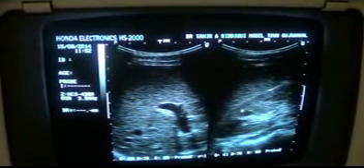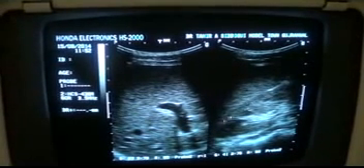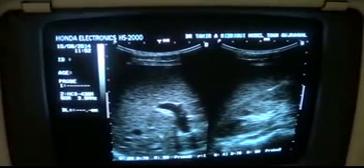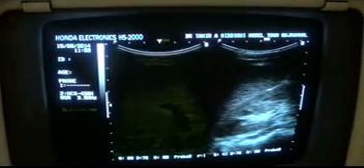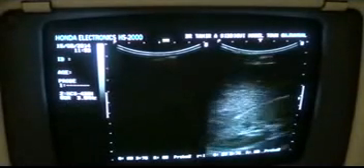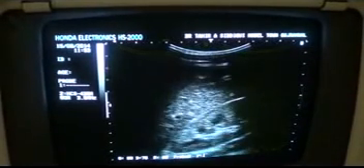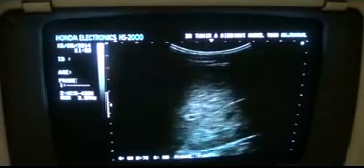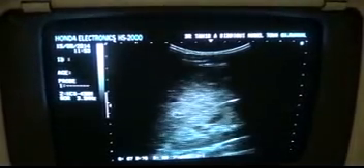So this kidney is normal as per the parenchymal echogenicity, whereas the parenchymal echogenicity of the kidney on the right side is raised much above the normal.